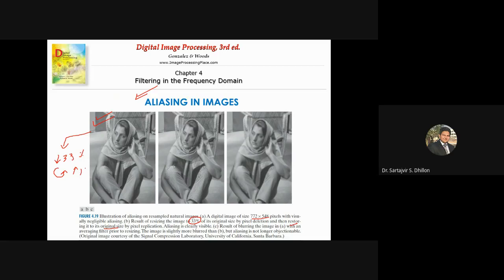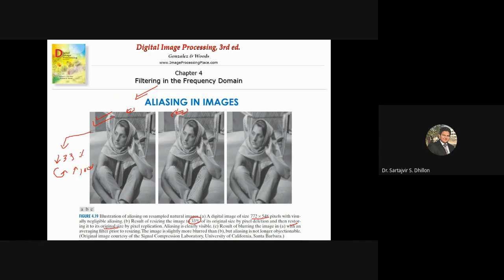That is around 100%, and then you can see the output in figure B. Means figure A was first reduced to 33% and then enhanced again to 100%. How does this image look? As shown in figure B, and here you can see the aliasing effect.